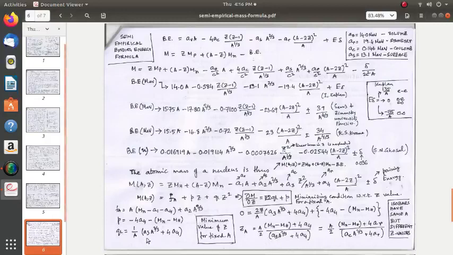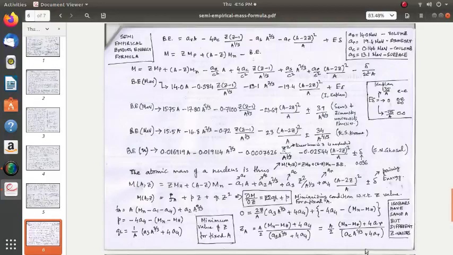So A goes up, A by 2 into this. So this is the value of Z when A is fixed. When A is fixed, you have different isobars. The different isobars are related by beta minus and beta plus decay. So among different isobars, there will be one value of Z which is more stable, and so in an isobar multiplet, there will be a tendency to decay to a specific value of Z, which is Z_A, and we can calculate it from the semi-empirical mass formula.